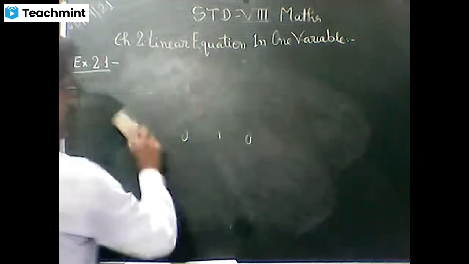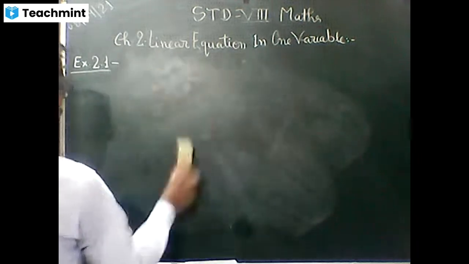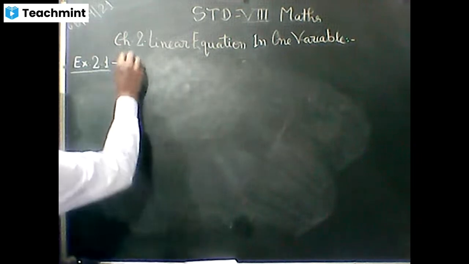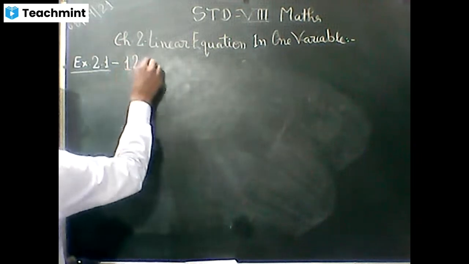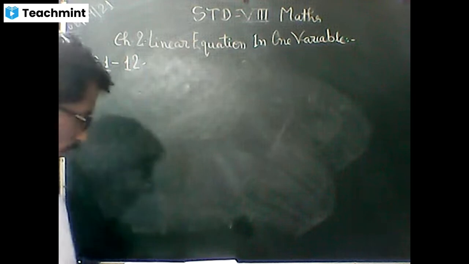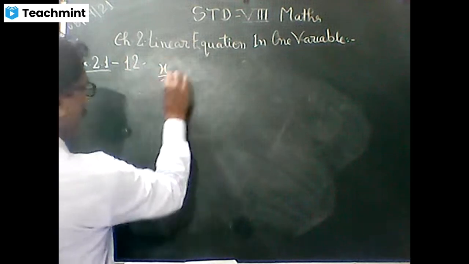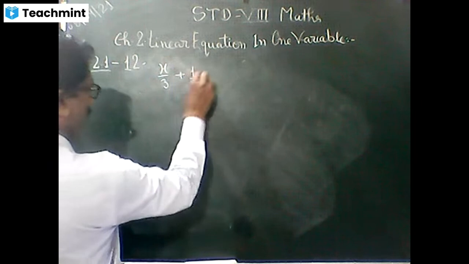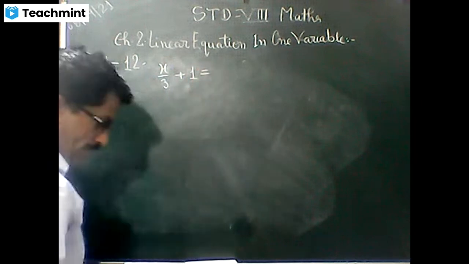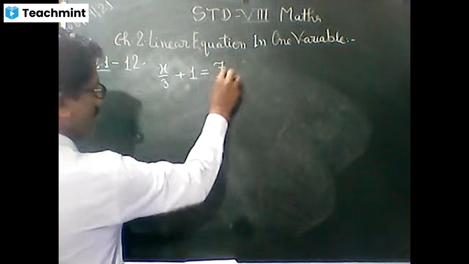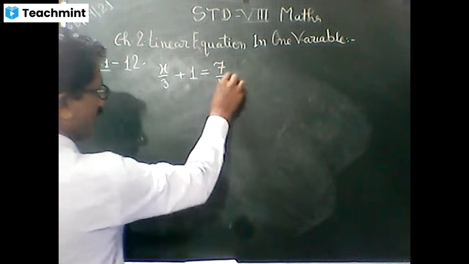But you have to take care when you are creating a solution. Problem 12 is written: x by 3 plus 1 equal to 7 by 15.